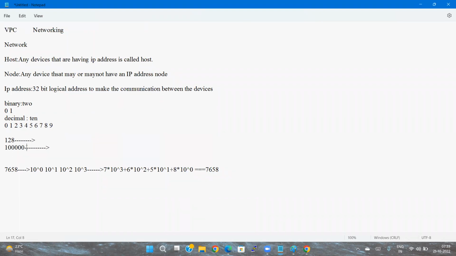So 0 into 2 to the power of 0, plus, it is 7 zeros, not 5 zeros. Sorry, it's my mistake. I will recalculate it anyway. So 2 to the power of 1. So that is how you are going to calculate.